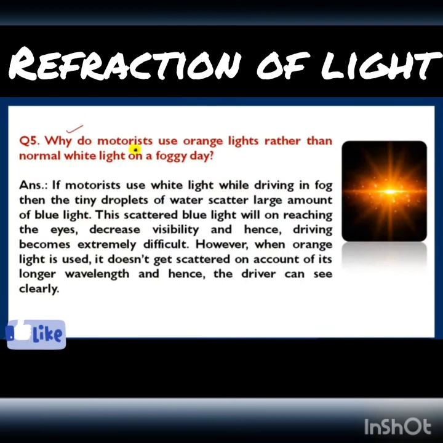This scattered blue light, on reaching the eyes, decreases the visibility, and hence driving becomes extremely difficult. However, when orange light is used, it doesn't get scattered on account of its longer wavelength, and hence the driver can see clearly.